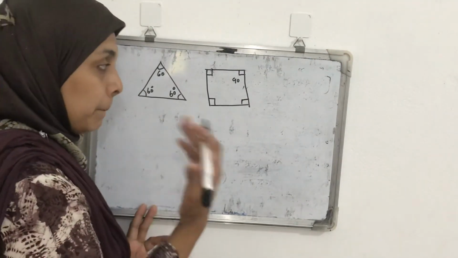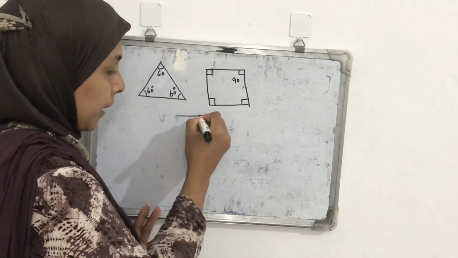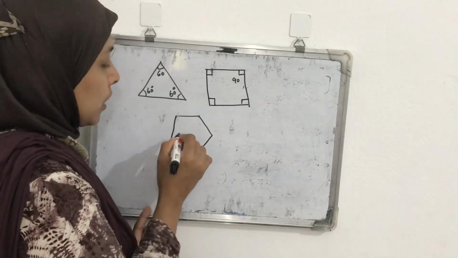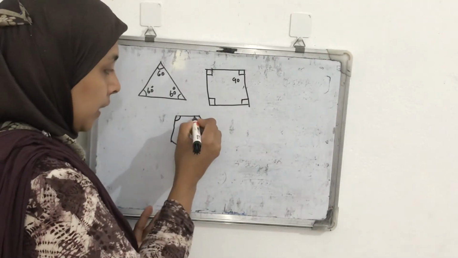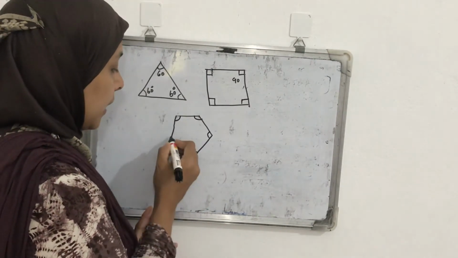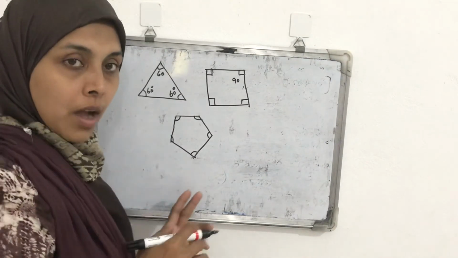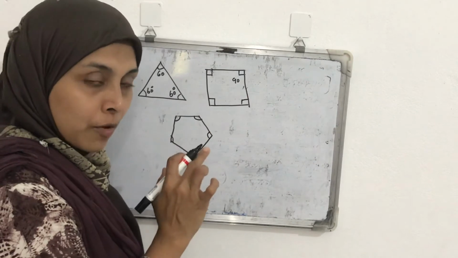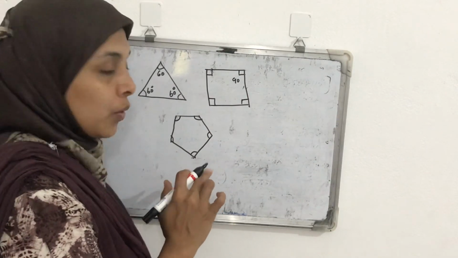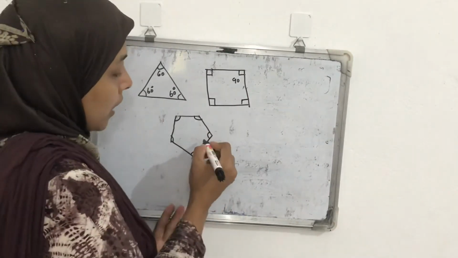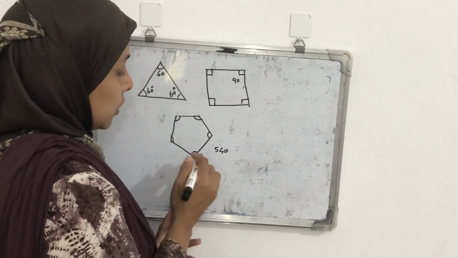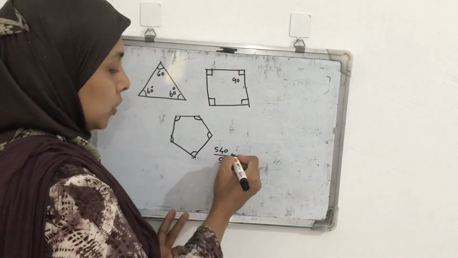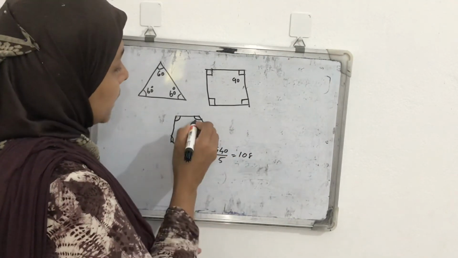Now, for a regular pentagon, the sum of the interior angles is n minus 2 into 180. Here 5 sides are there, so 5 minus 2, 3 into 180, we get 540. Each angle will be 540 by 5, so each angle is 108.